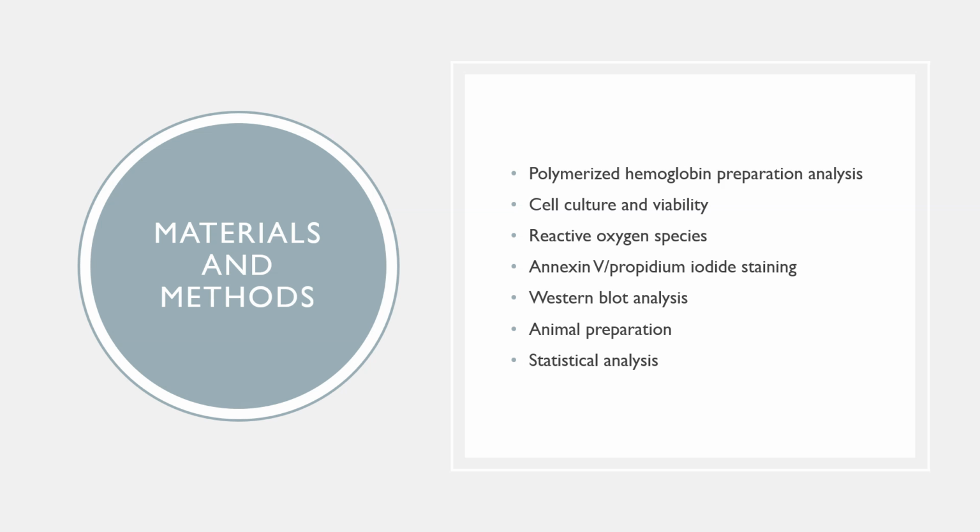And for the annexin V propidium iodide staining, the cells were placed into 24 well plates, which were plated at 50,000 cells per well, and they were left to attach overnight. So the polymerized hemoglobin with and without cisplatin were added to the culture. The cells were then harvested and centrifuged and put into 50 microliters of annexin V binding buffer after 48 hours.